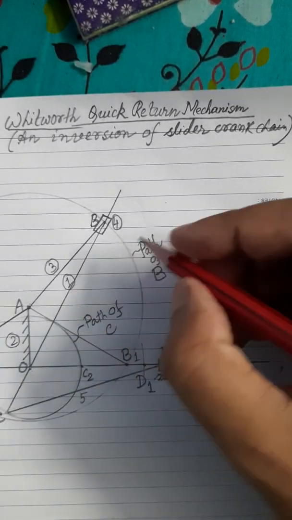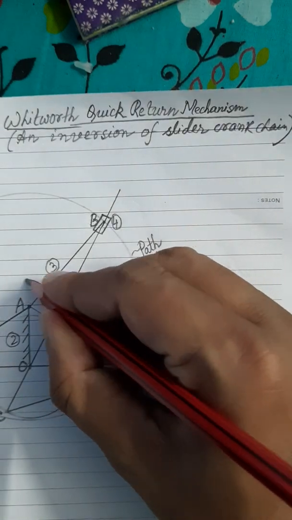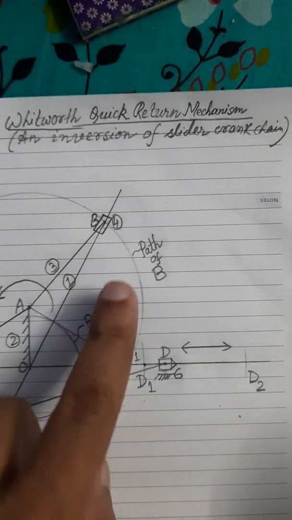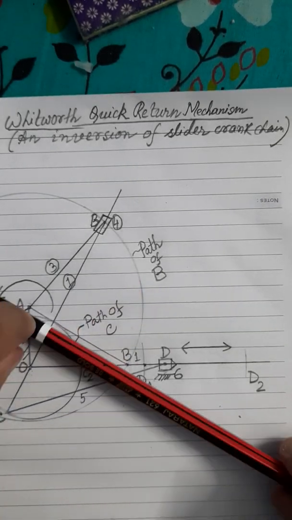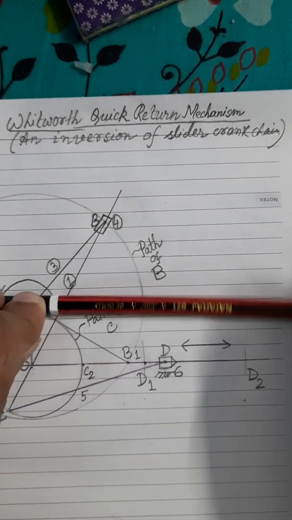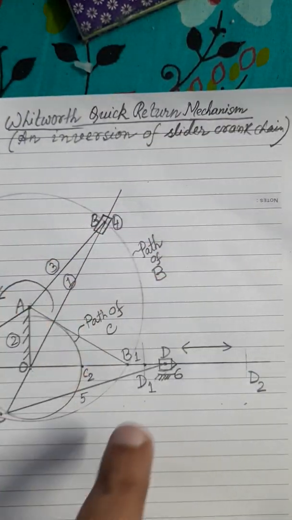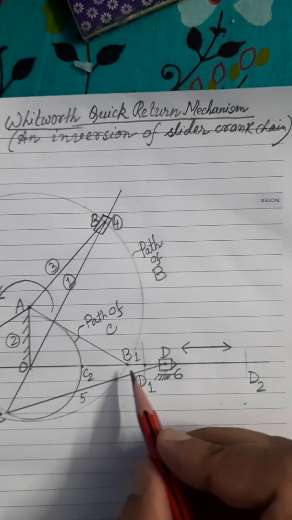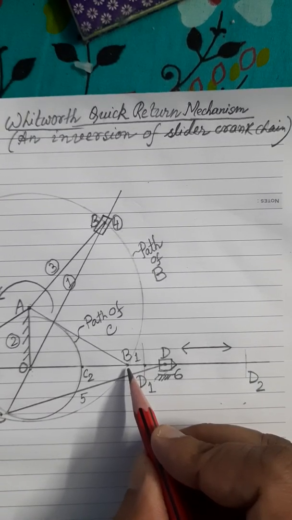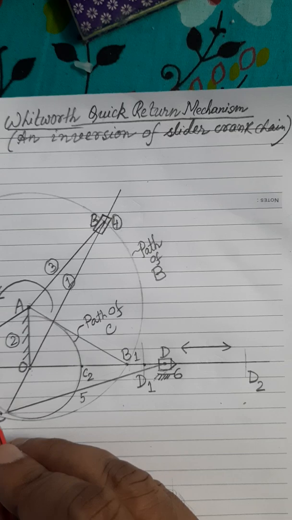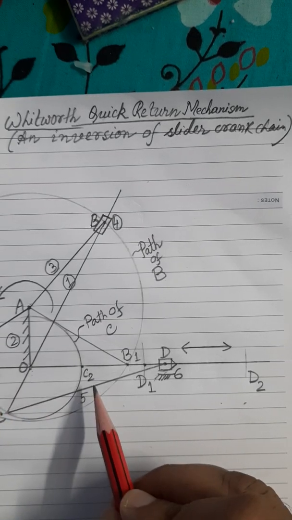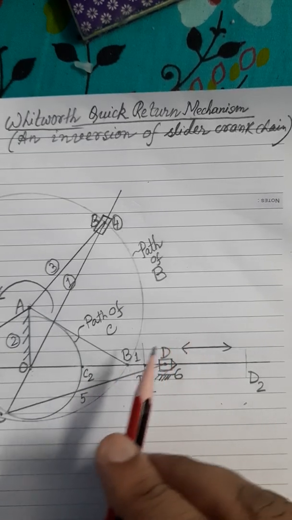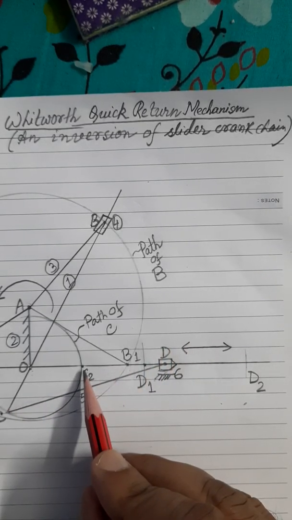But you see, this will rotate like this. So link 3, this rotates like this. So when it goes from B1 to B2, point C goes from C1 to C2.